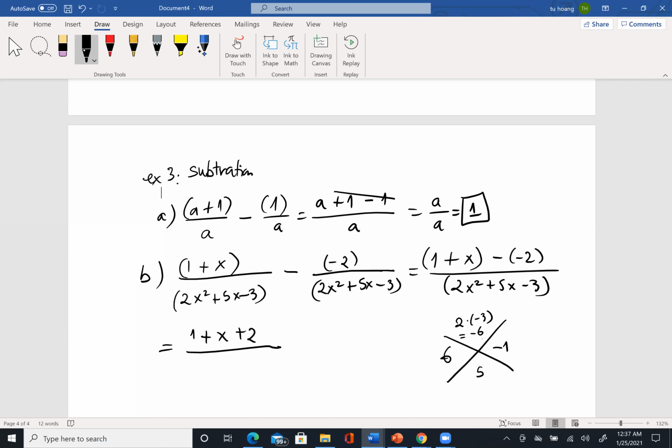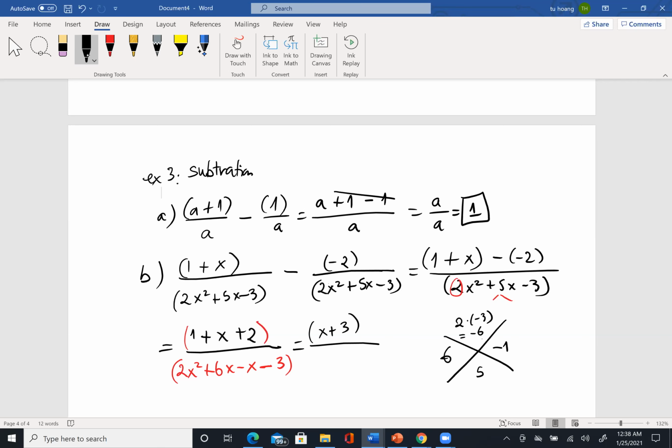Remember that this is not a special case, with a not equal to 1. So you have to split the middle term into two terms. So you will have 2x squared plus 6x minus x and minus 3. Now the top will be x plus 3. For the bottom, you want to try grouping.